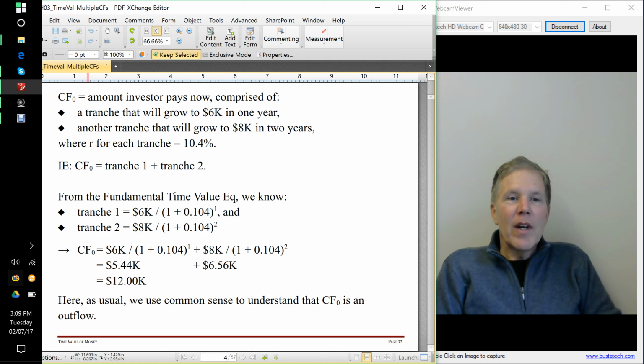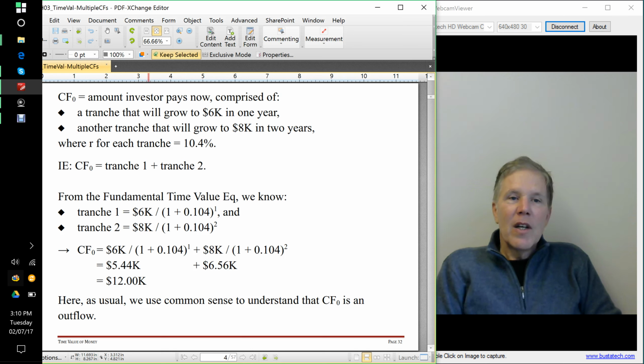Now if we go back to the fundamental time value equation, which we're fairly familiar with, we know that tranche 1 is just the discounted value back to t equals 0 of that $6,000 payment that's guaranteed in a year. The interest rate for this project is 10.4%, so tranche 1 is equal to 6,000 divided by 1.104 raised to the 1, because it's being discounted back by 1 year.